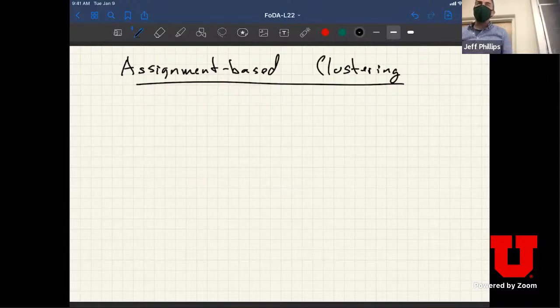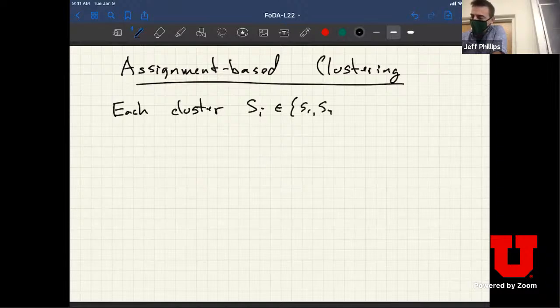This has a particular form, and I think a quite intuitive form, and it fits in with the other themes of the class: each cluster S_i in this set S1, S2 up to SK is associated with a point.